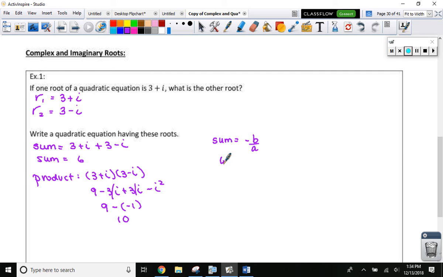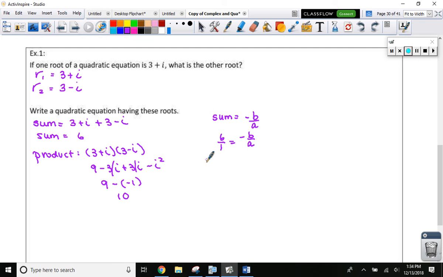And I got a sum of 6, so 6 over 1 is equal to -b over a. So we said yesterday that when a equals 1, b is going to be what? -6. I also know that the product of the roots is equal to what? c over a. And I got 10 as my product.